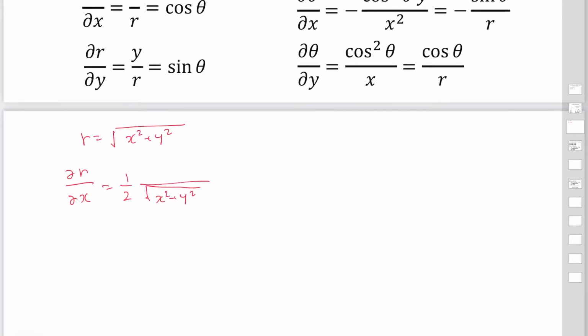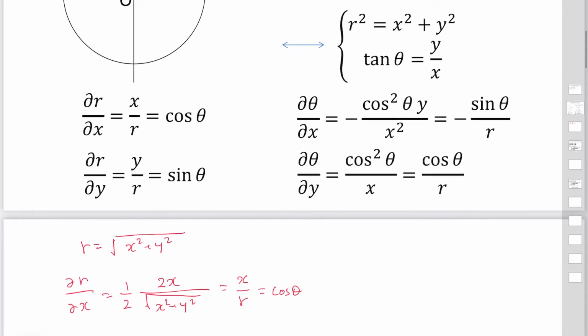The partial derivative of x squared plus y squared with respect to x produces 2x. So it becomes x over r, which is equal to cosine theta, because x is equal to r cosine theta. So we derive the first equation.